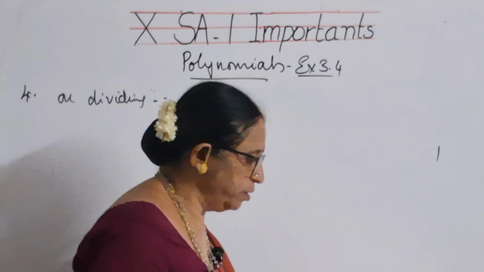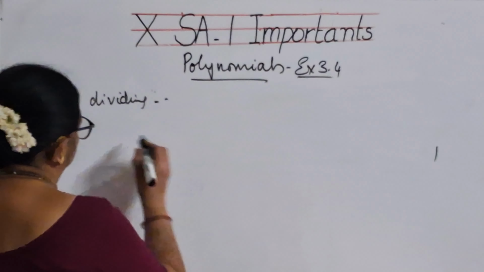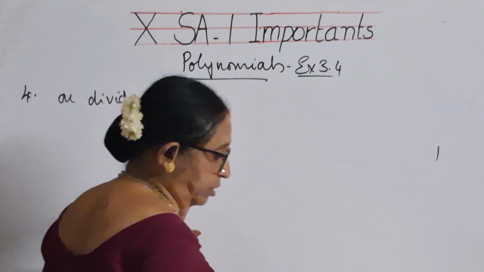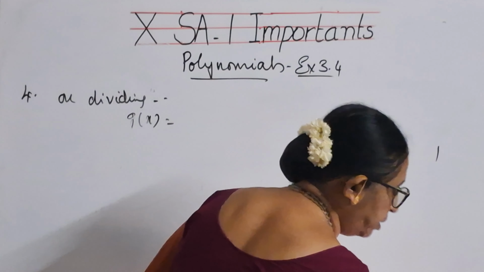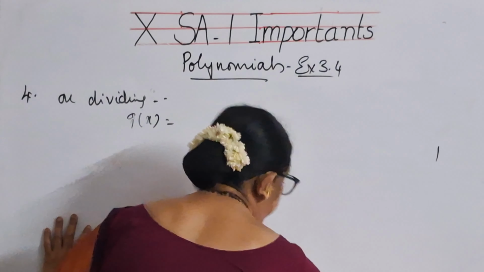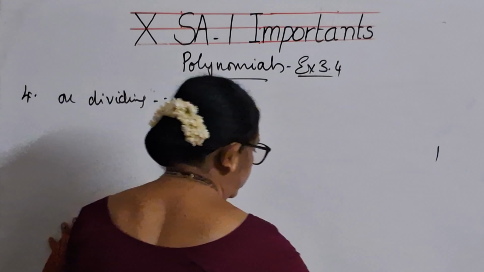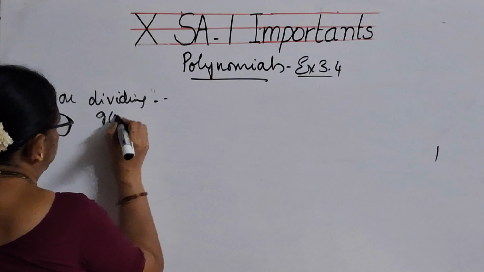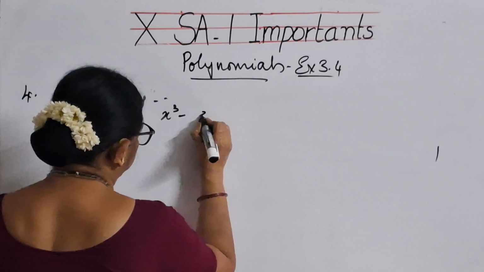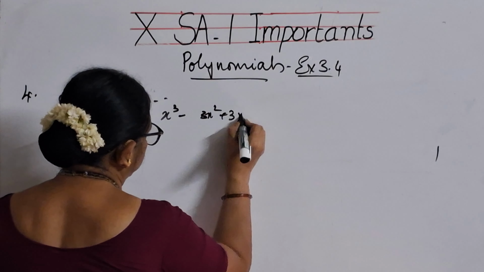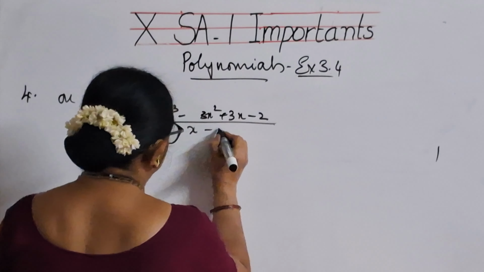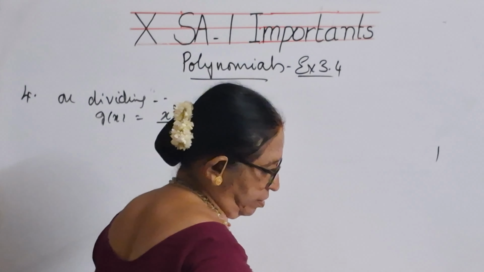Now to get this solution, children, you will be taking g of x. Let me write once again that g of x is equal to x cube minus 3x square plus 3x minus 2 divided by x minus 2. This is what you have got in the previous value.